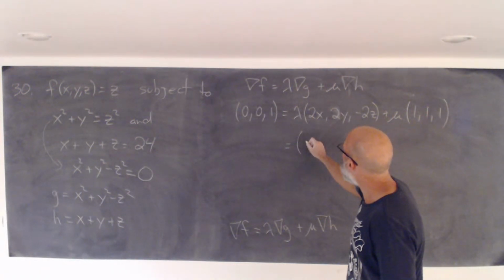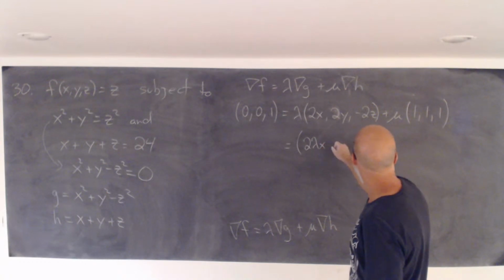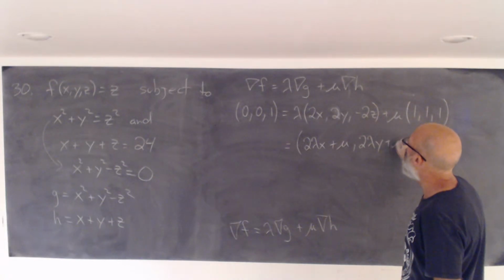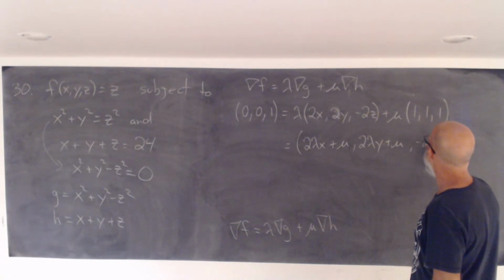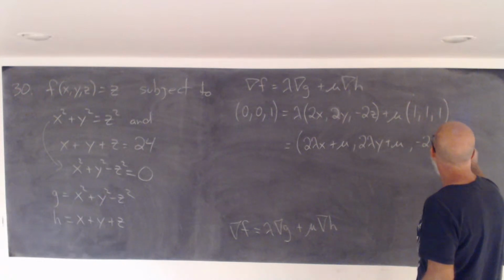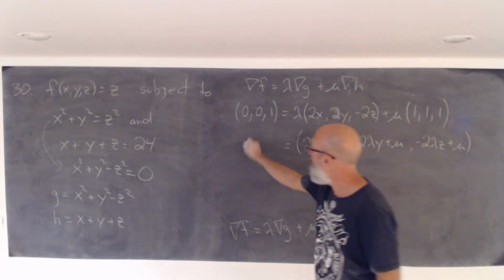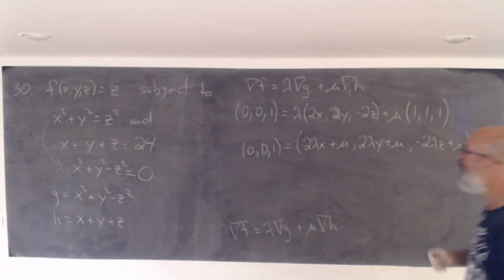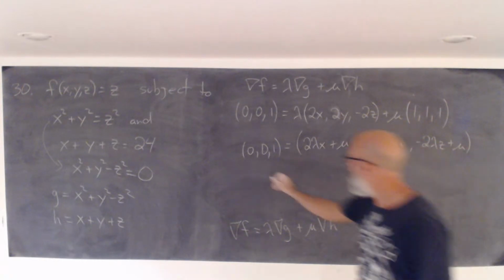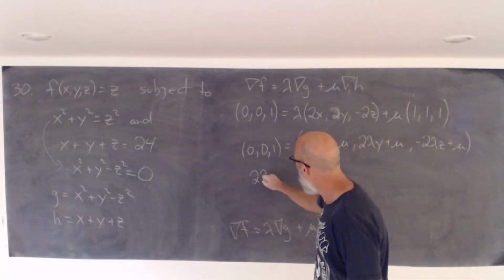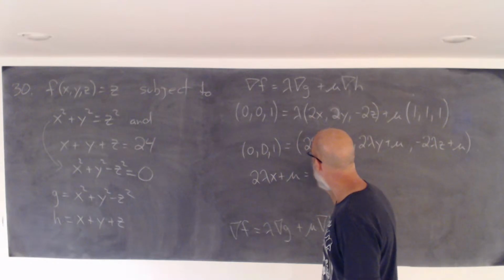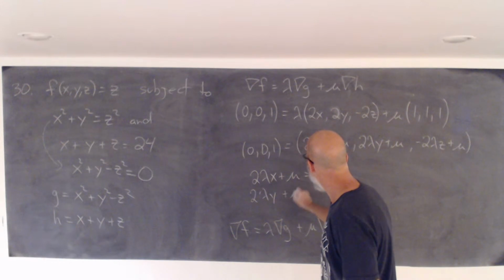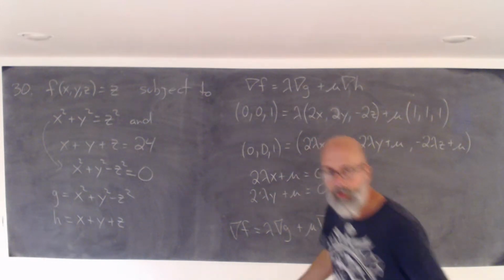So that is 2 lambda x plus mu, 2 lambda y plus mu, minus 2 lambda z plus mu, and that is equal to 0, 0, 1. So you get 3 equations, right? 2 lambda x plus mu is equal to 0. 2 lambda y plus mu is equal to 0.